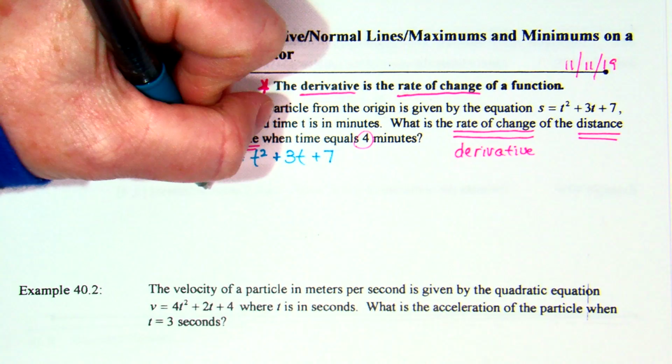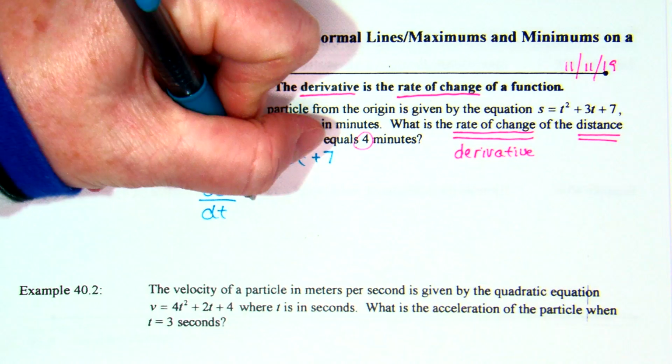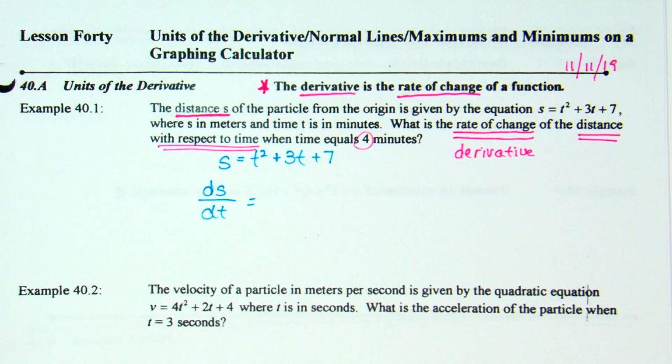Or, what if I say ds over dt? A lot of times we talk dy over dx, right? But I'm not talking dy dx here because my equation doesn't have y's and x's. My equation is s and t, so that's why I'm talking ds dt, distance with respect to time.